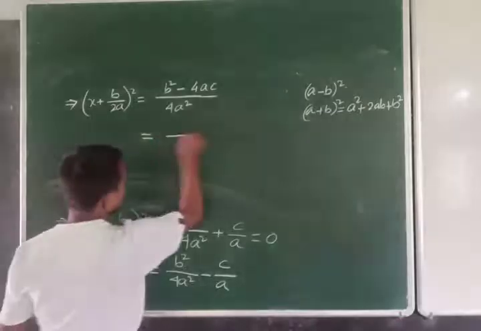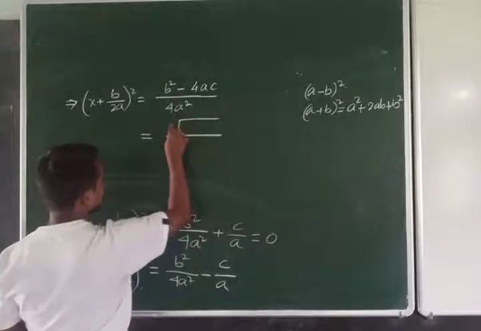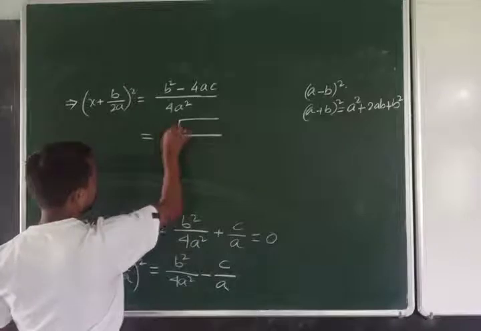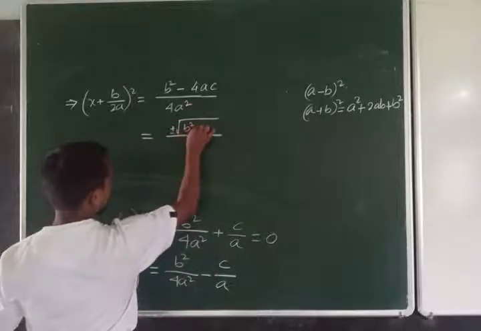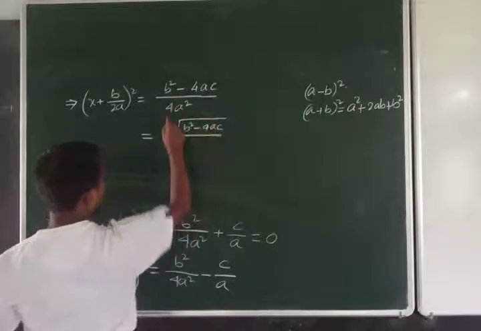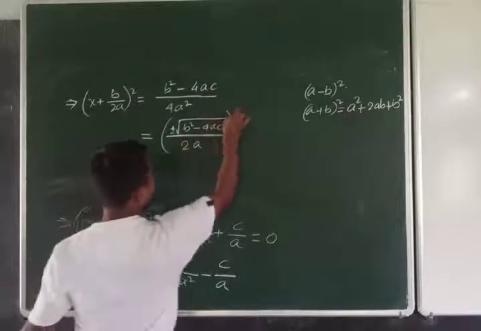If we take the root, plus minus root over b square minus 4ac, and this is twice a whole square.